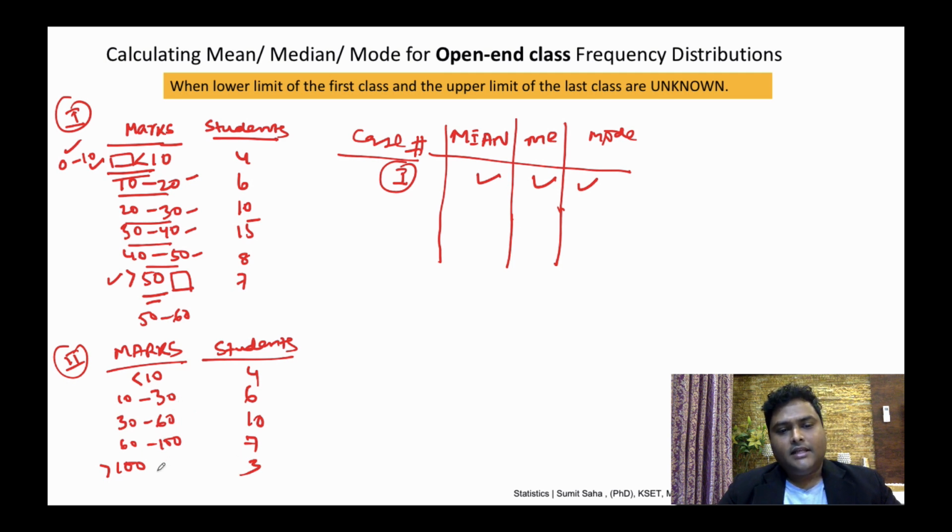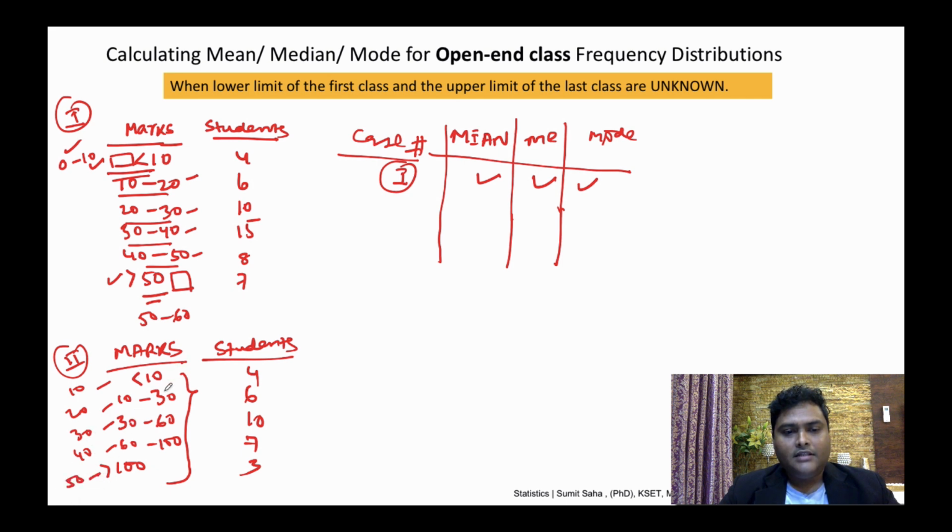In this case I need to find out the pattern of the class length, or the class width. You can say that this is 30 minus 10, 20; this is 60 minus 30, 30; this is 100 minus 60, 40. So the first class width will be 10 and the last class width will be 50.